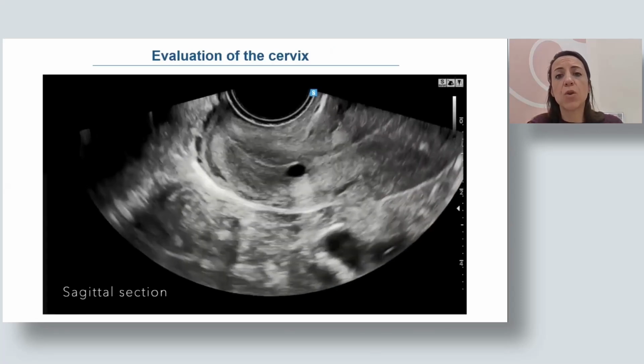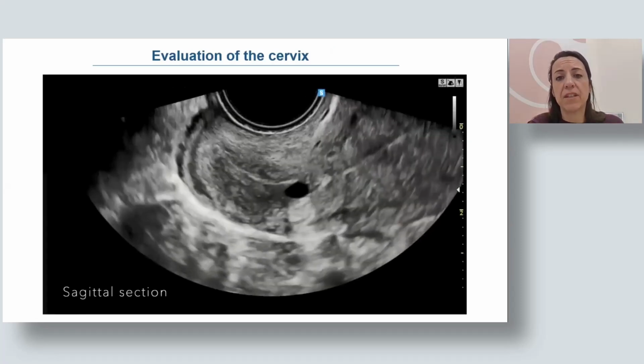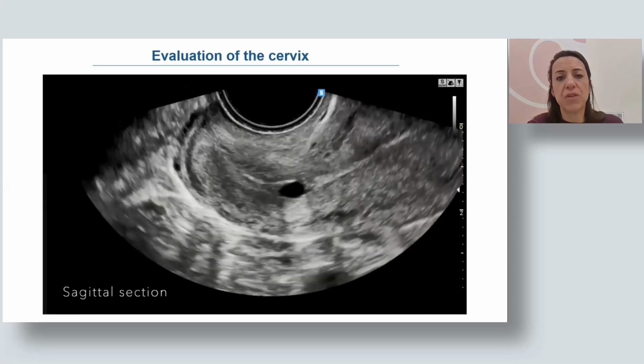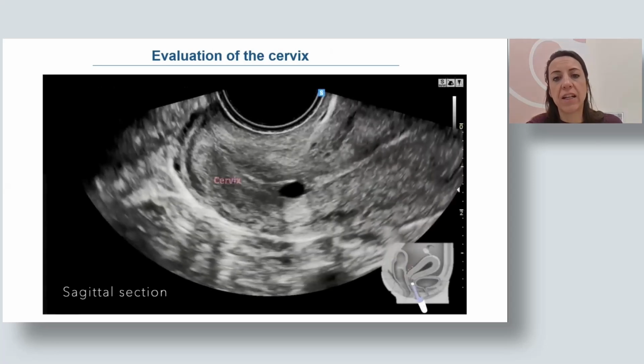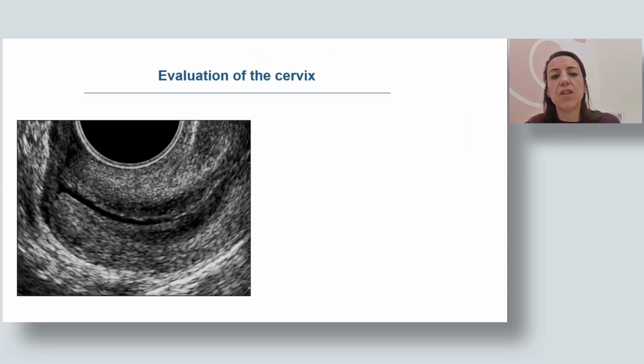This is a video showing a normal cervix: anterior lip, posterior lip, and cervical canal. This is another image showing a normal cervix. Again, anterior lip, posterior lip, cervical canal.